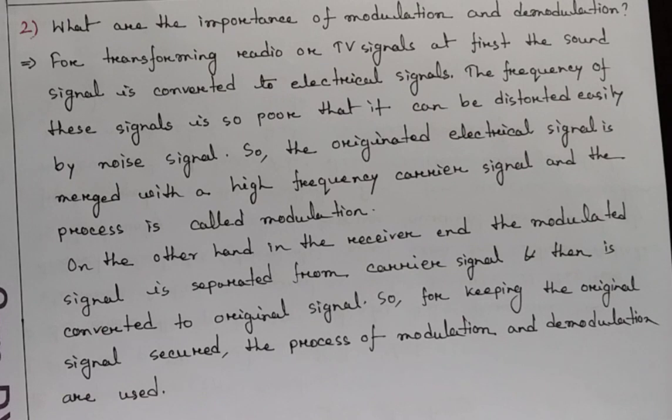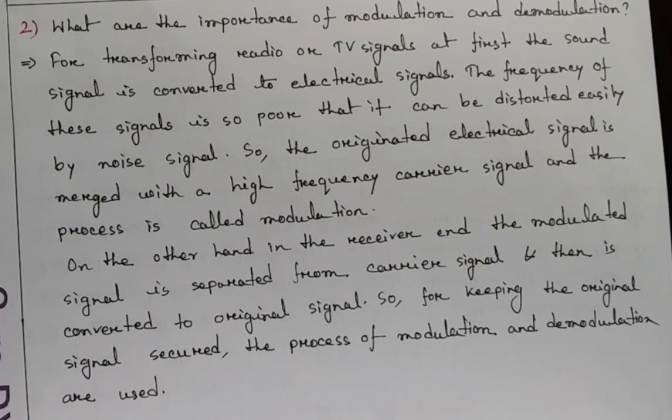As the frequency of the original signal is so low, the original signal is merged with a high frequency carrier signal. Because the carrier signal has high frequency, mixing the original signal with it helps the main signal to travel the whole way without any noise or distortion.